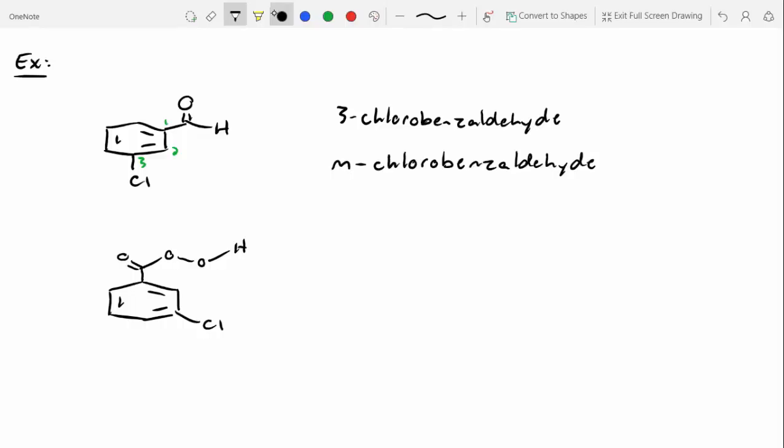And where's the chloro substituent located? Yeah. So this would be meta-chloroperoxybenzoic acid, also known as MCPBA. That's where that little M comes from, as it indicates the position of the chlorine coming off of the ring.